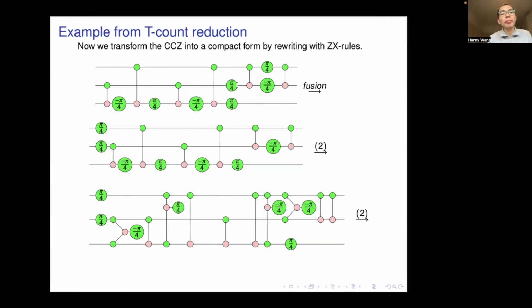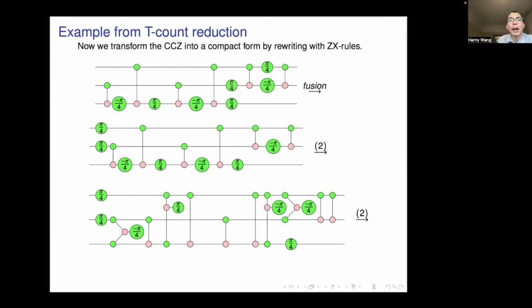Okay, so I first move this. Sorry, this is a pi. I move it from here because these are all green, so I can fuse and unfuse, fuse and unfuse, which means I can just move them to the left.